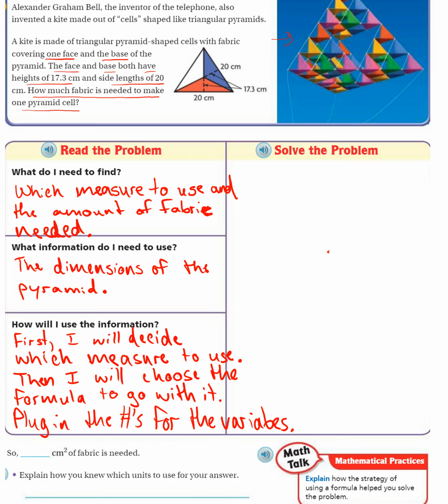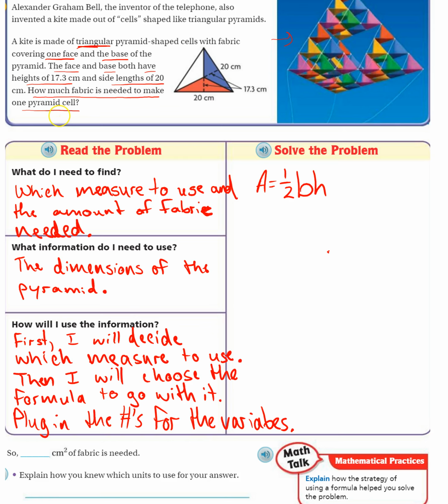All right, so I know that it is a triangular pyramid. So the base and the sides are all triangles. So I know I'm going to need to use the formula area equals 1/2 times base times height. Okay. So the face and the base both have heights of 17.3 and side lengths of 20.